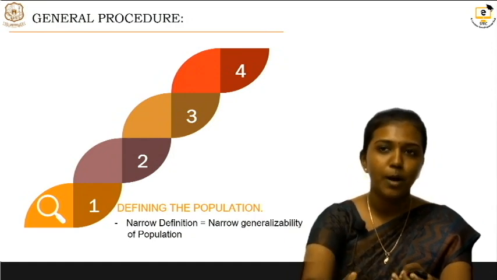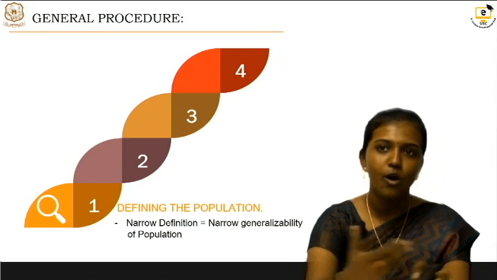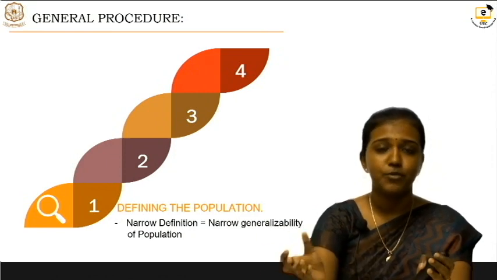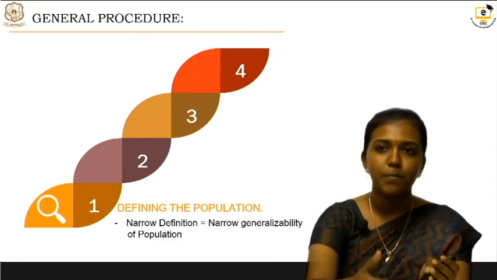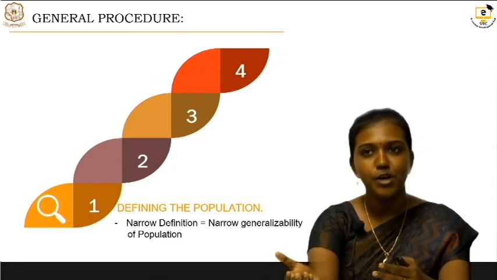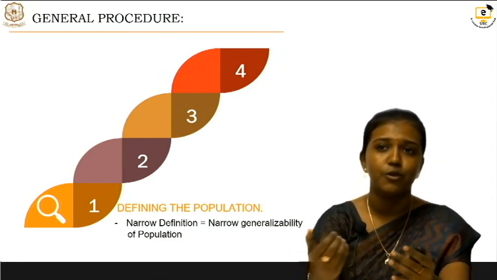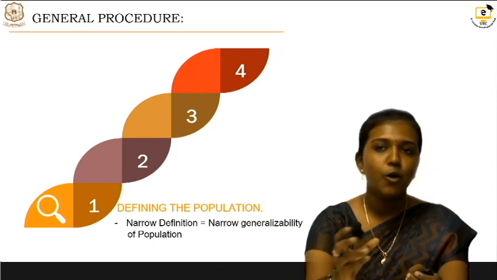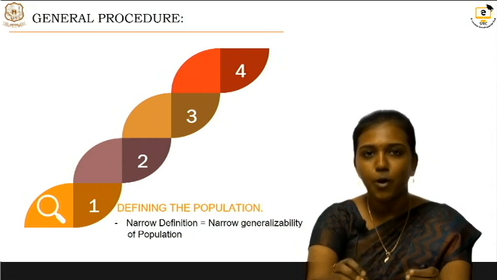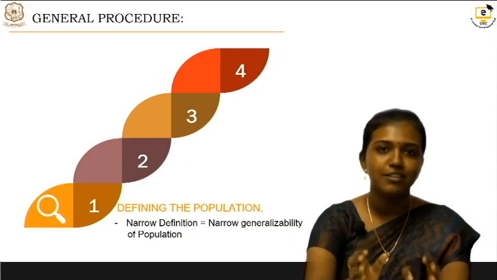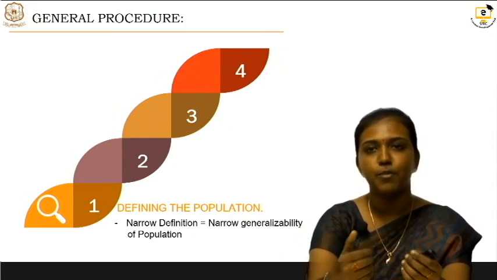You cannot apply this result to all 11th standard students across the state. You cannot compare this result to the students of Tamil Nadu, to the students of Madurai or to the students of Chennai. I hope you get what I mean. So you must adequately define the population so that you can apply the results over different populations.